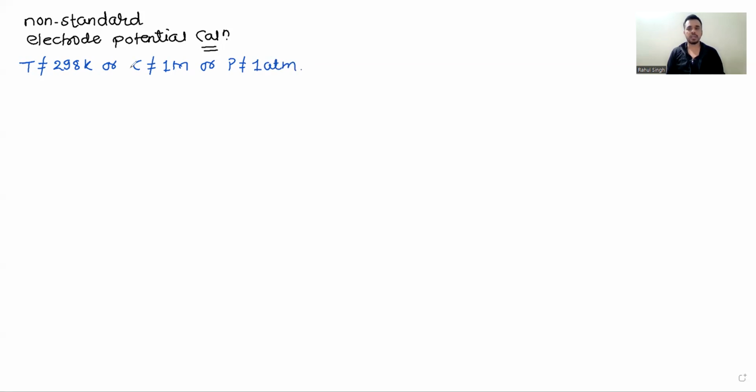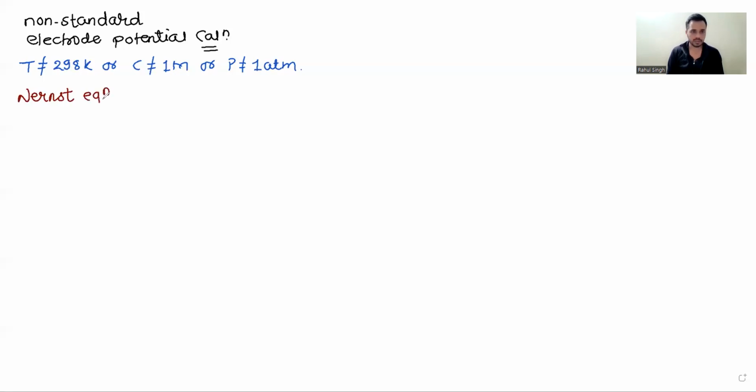If any of these conditions is not followed, it is considered a non-standard electrode potential. In this, we studied the Nernst equation.